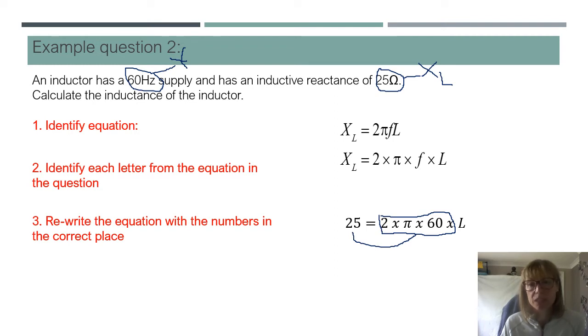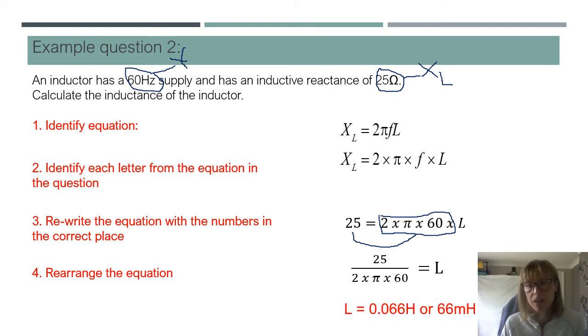If we're crossing the equal sign, we do the opposite. And the opposite of multiplying is divide. So we rearrange the equation, and here we have our 25, and this bulk of numbers here comes underneath to be divided. And that's going to give you what the value of L is. So L is either 0.066 henries or 66 millihenries.